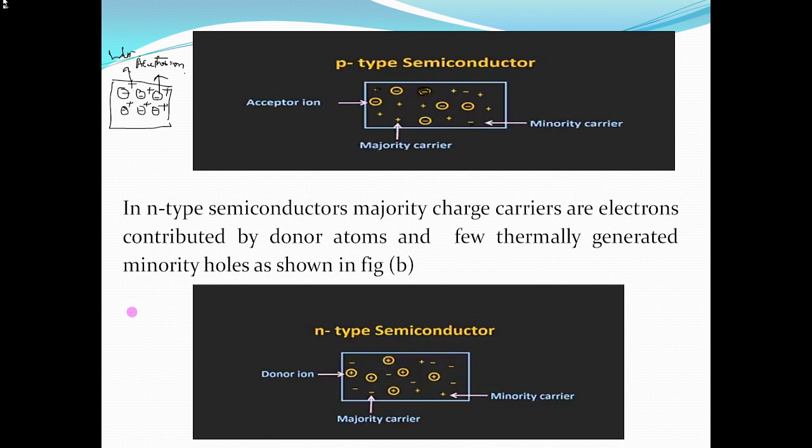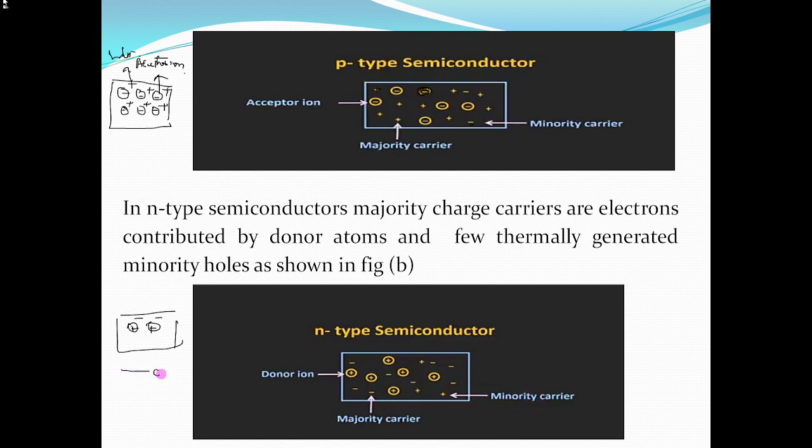Due to the pentavalent impurity, we get electrons. These pentavalent impurities lose electrons, that's why they become positive, electropositive. These positive ions represent donor ions. And the electrons that are left we call majority charge carriers. And there are a few thermally generated minority charge carriers due to temperature.